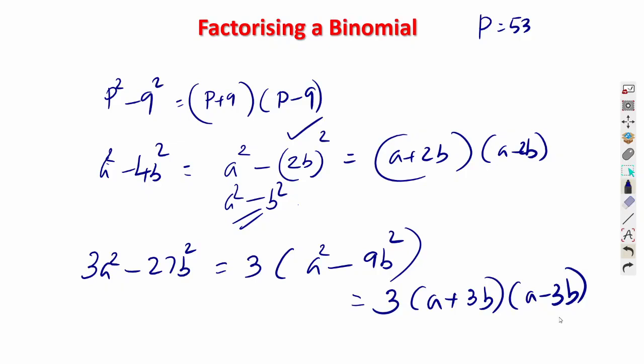What is b square here? 3b whole square. Correct? So that will solve the situation. 9b square can be written as 3b whole square. So the factorizing binomial concept should be clear to you.